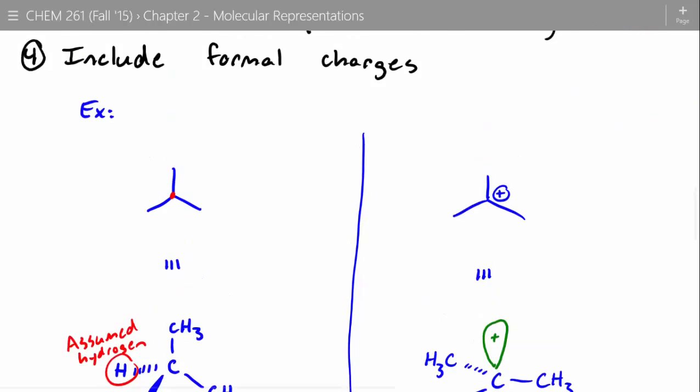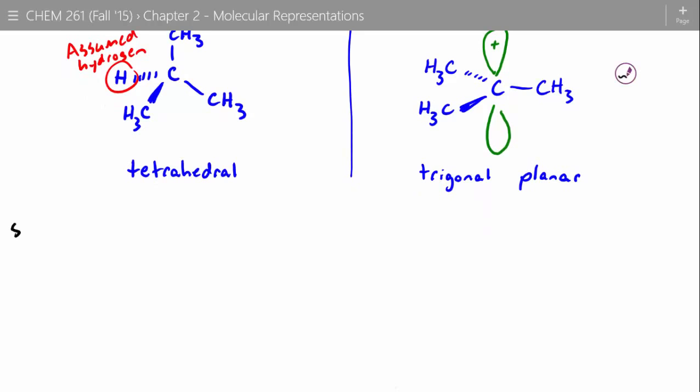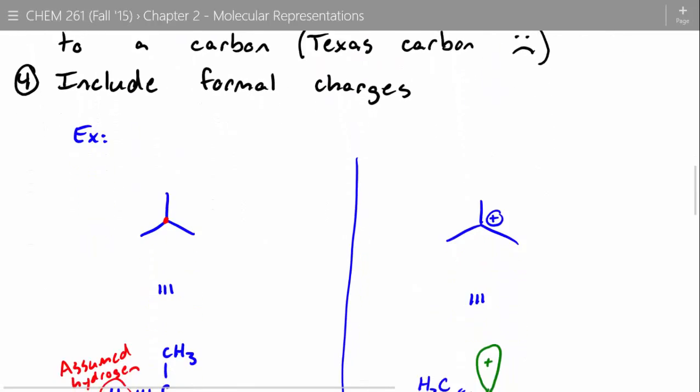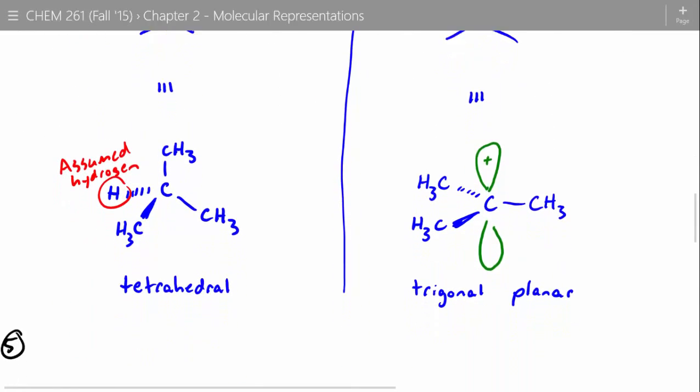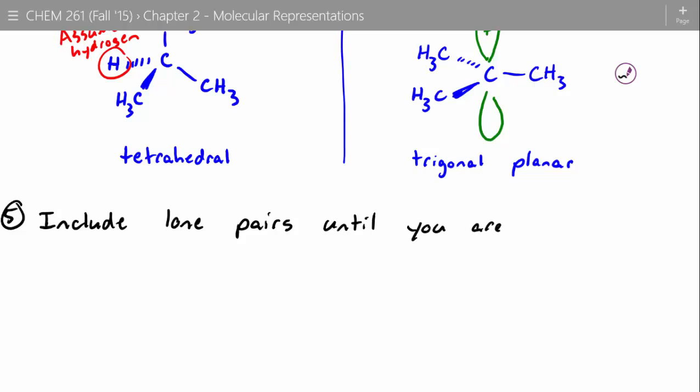Okay? So we're on number 5 now. One, two, three, 4. 5 is include lone pairs, until you are an expert.